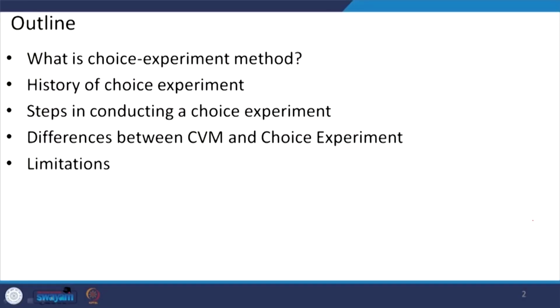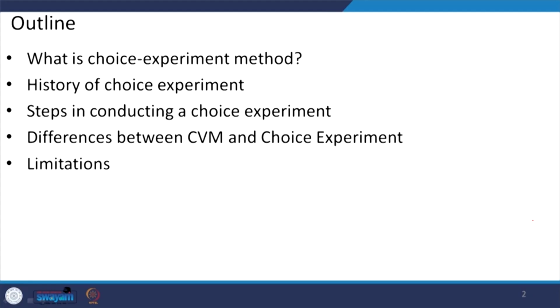Broadly, in this lecture we will be talking about what the choice experiment method is, what its theoretical background and history are, and, if you want to conduct a choice experiment, what steps we need to include.